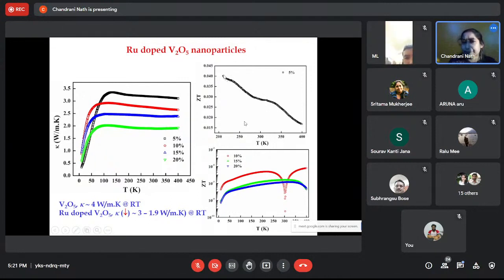So this result is very interesting, and if we go into a deeper study of this, it might have some practical application, if you try to tune these dopants as well as their size to increase its practical application.